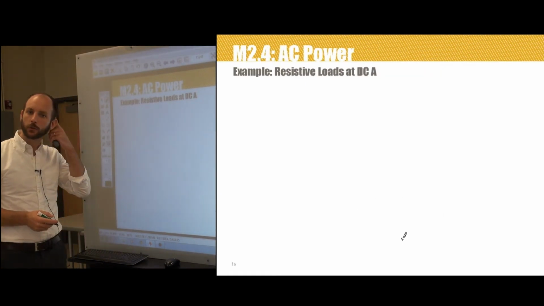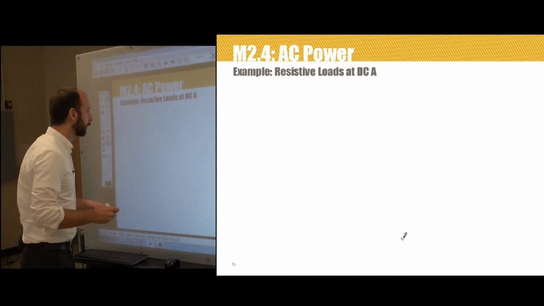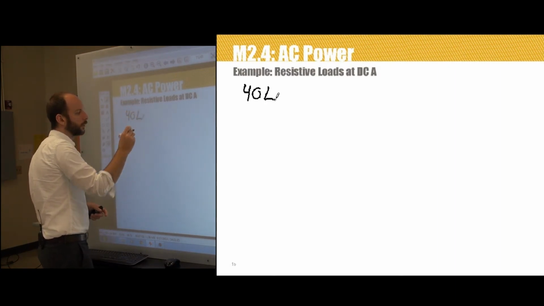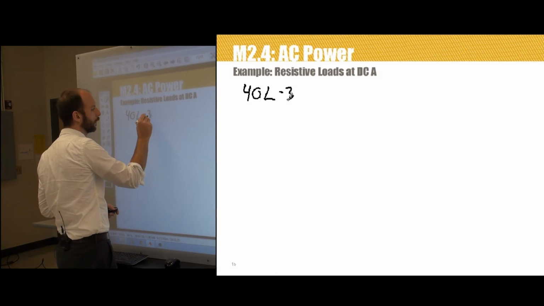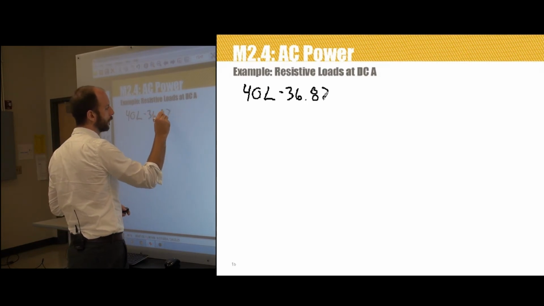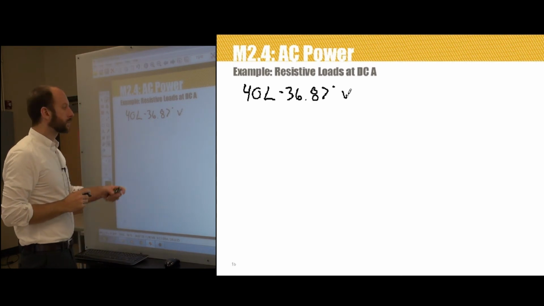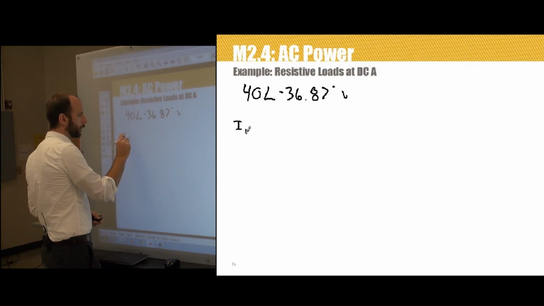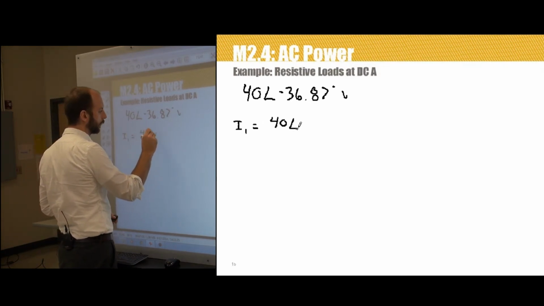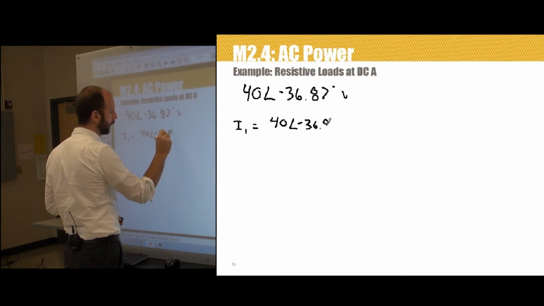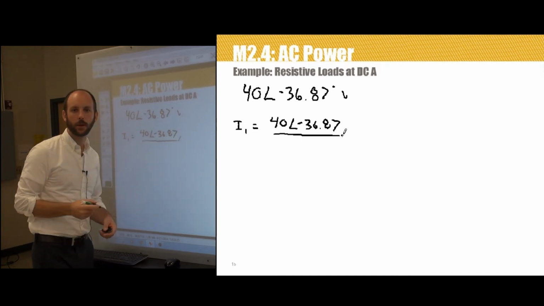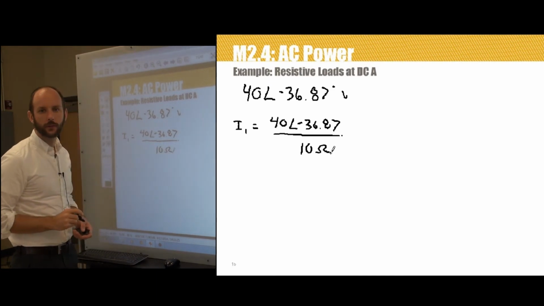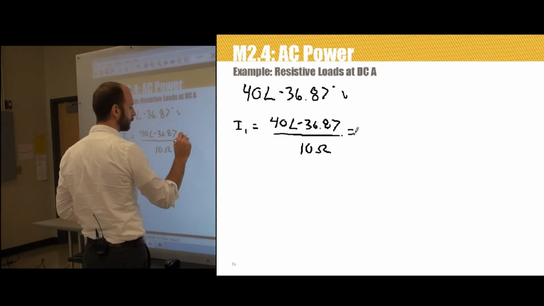Right? So now we want to use Ohm's law again. We're going to calculate the branch currents. Remember that the voltage across all of them is 40 volts peak at an angle of negative 36.87 degrees. I just divide that voltage by each branch impedance to get the currents. So I1 is 40 at an angle of negative 36.87 degrees divided by the branch impedance, 10 ohms. That's going to be 4 at an angle of negative 36.87.